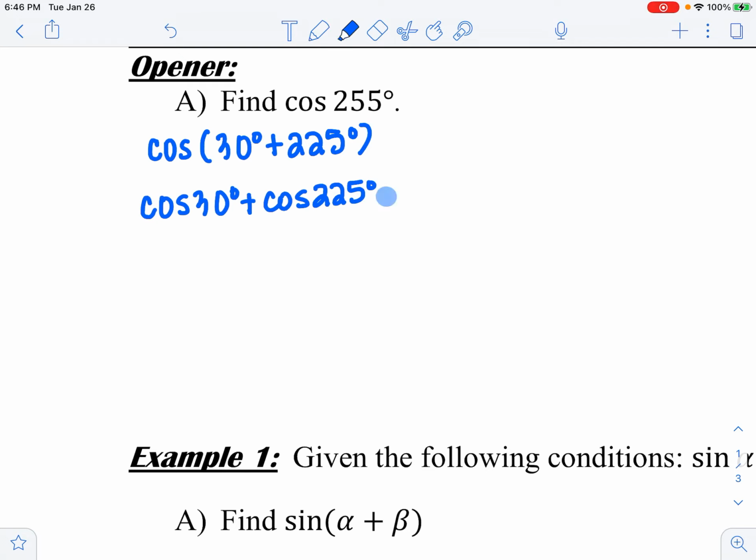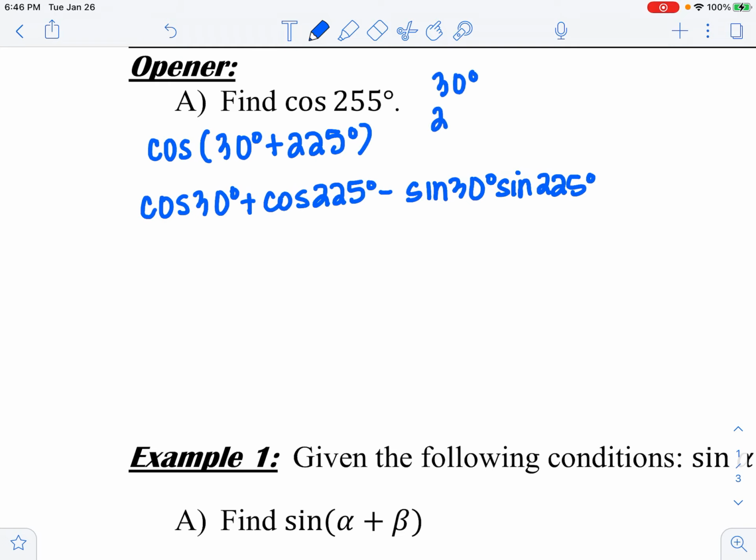Cosine, you change the sign. This is addition, so I'm going to change it to subtraction. And then sine alpha, which is 30, sine beta, which is 225.